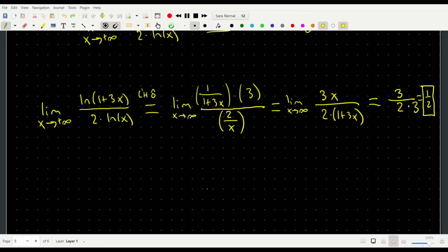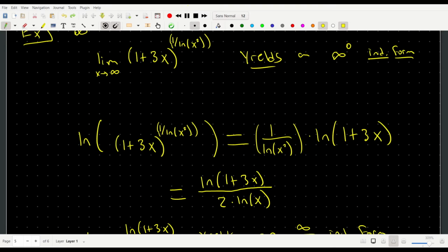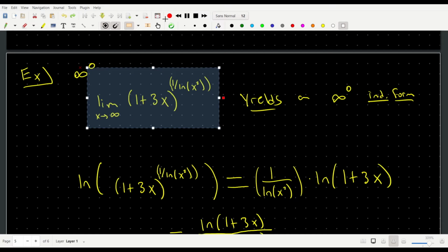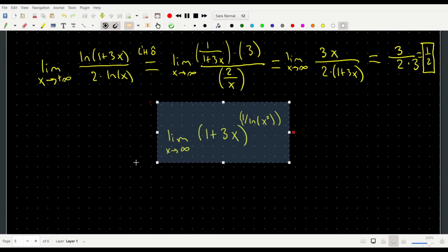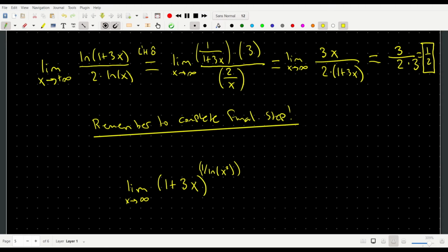So remember, this is the limit of the logarithm. It's the limit of the logarithm of what we're looking for the actual limit of. So the actual correct value of the limit, and remember, you need to do this final step right here, is going to be equal to e to the power of this limit.